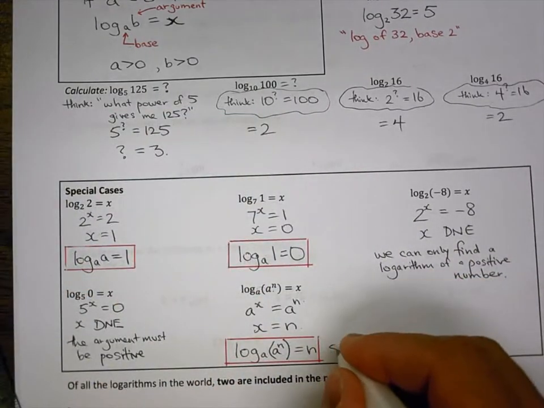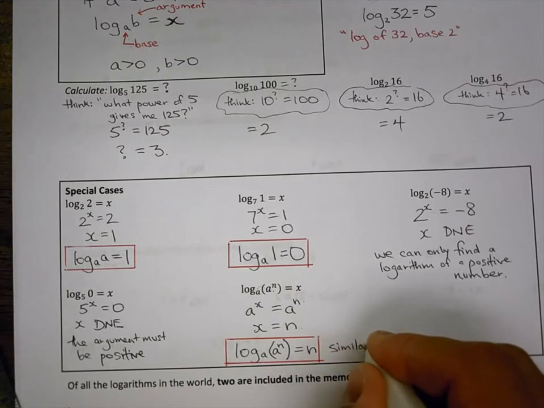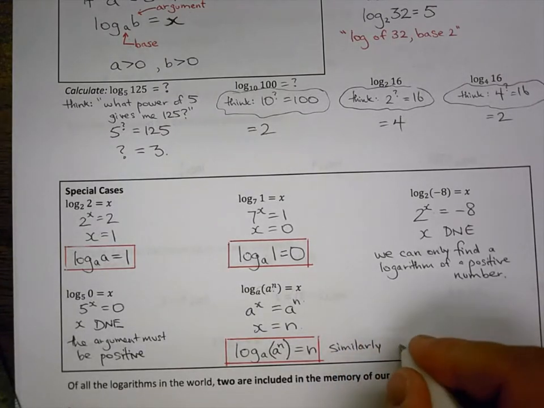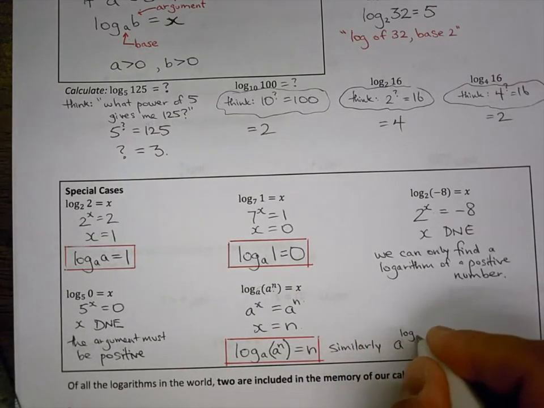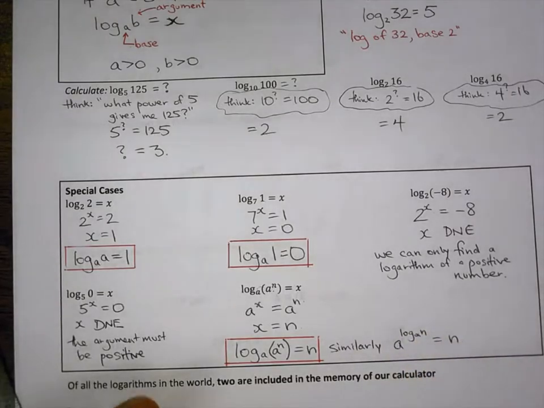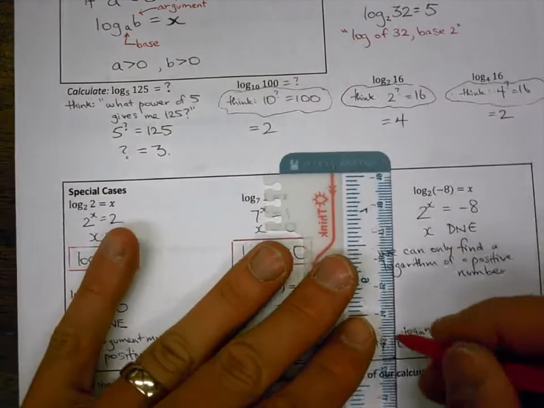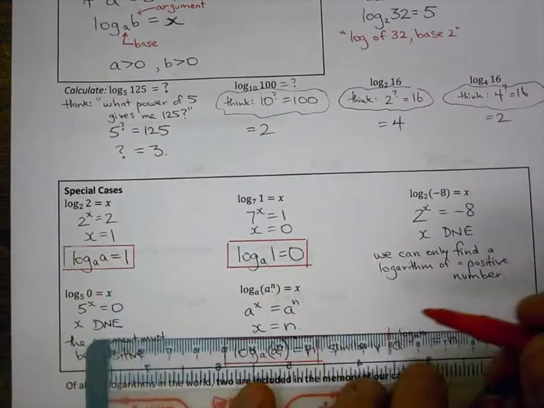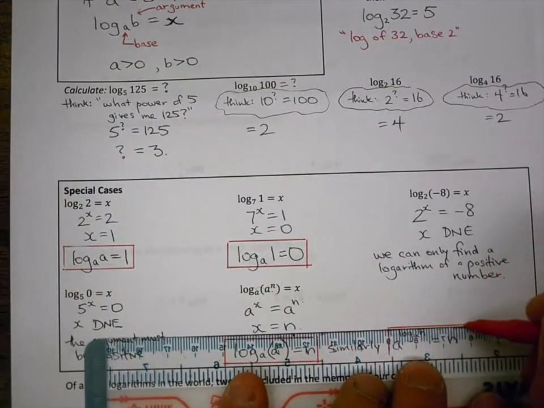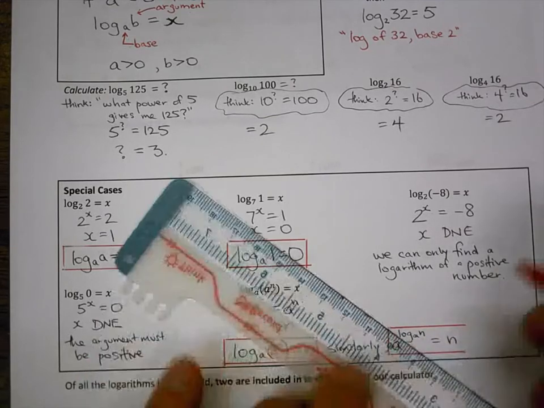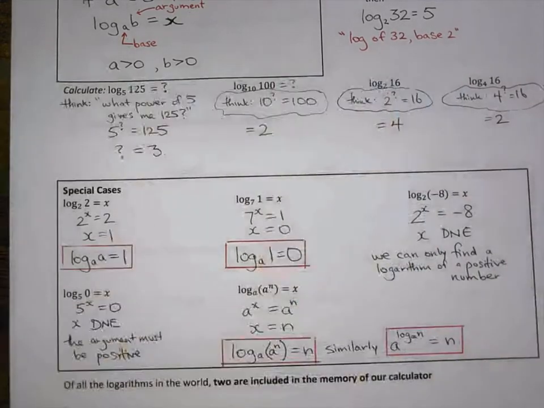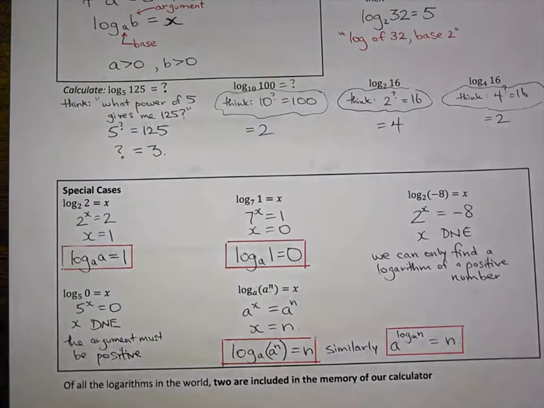And similarly, a to the log base a n is just n. Similar thing, if I have a to the power of a log, the log and the exponent undo each other, and I'm just left with the variable.